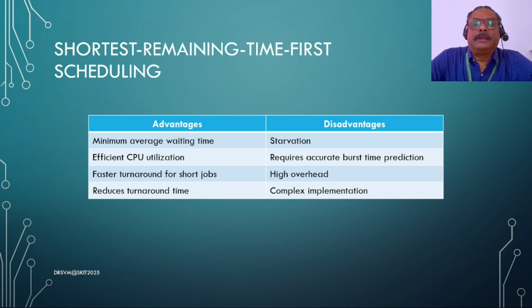So there is a risk of starvation, and before using this algorithm we must perfectly know how much is the burst time of each task.